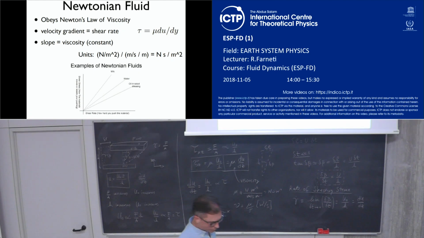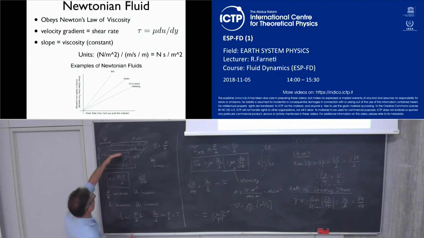Okay, so this is Newton's law of viscosity relating the shear stress to the velocity gradient. And again, an oceanographic example: wind stress blowing over the surface of the ocean, pushing the ocean in one direction, creating a velocity gradient at the surface of the ocean.